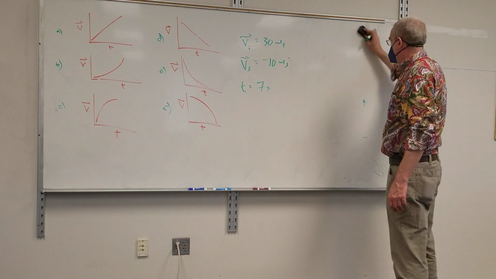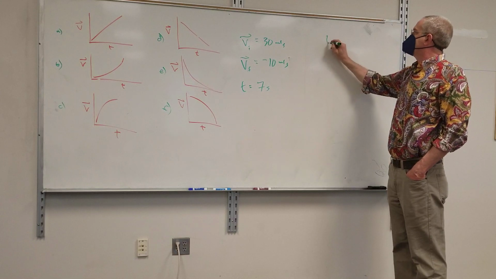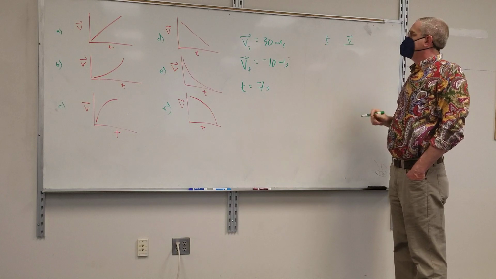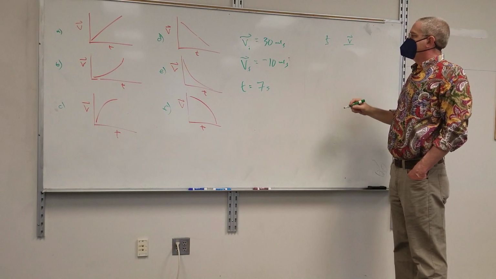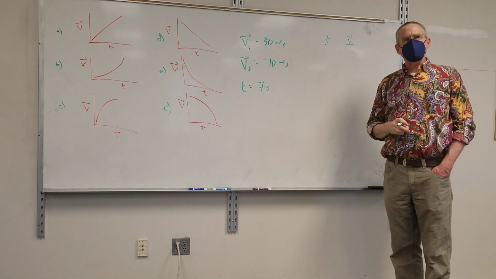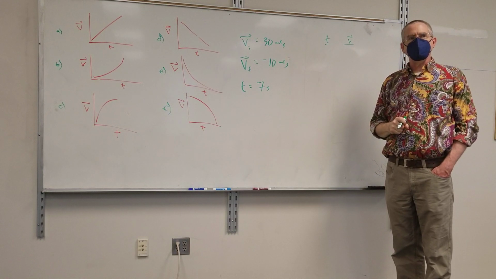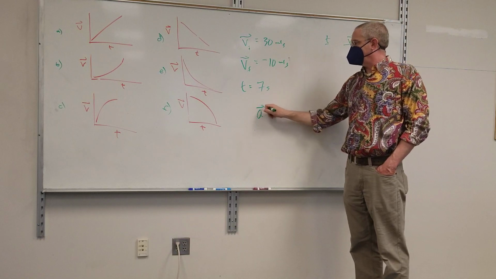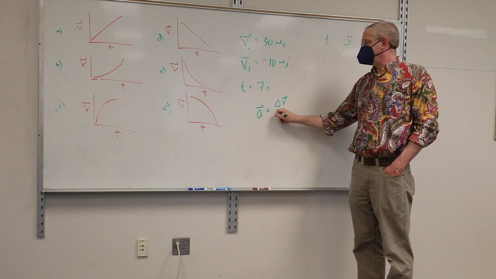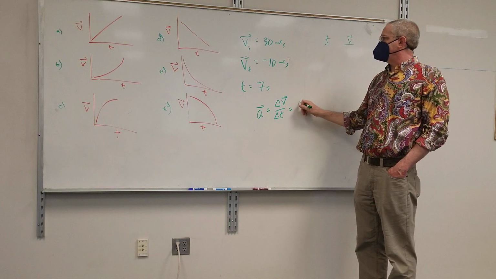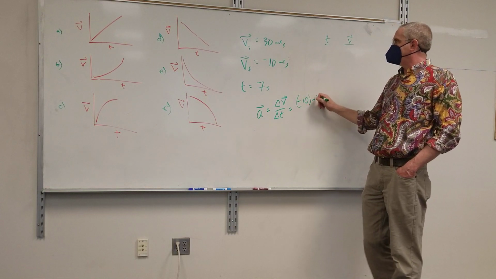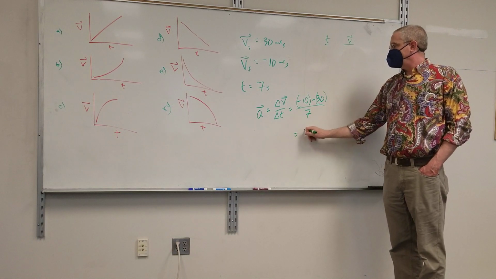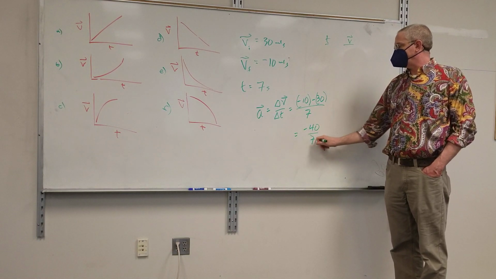Okay, so you set up the chart. So time, velocity. I did not tell you the acceleration. So when you set up the chart, you go ahead and figure out what the acceleration was. Acceleration is change in velocity over time, which is negative 10 minus 30 divided by 7, which is negative 40/7.